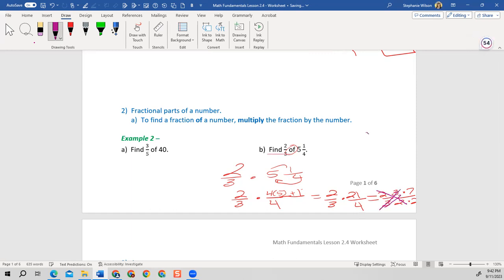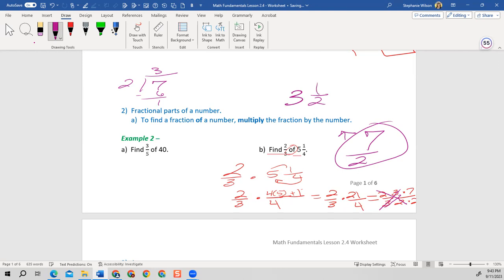So now I'm left with 7/2. Now, if you're asked to put it back in a mixed number, the 2 in the denominator doesn't change. We can bring the numerator inside the doghouse. 2 goes into 7 3 times. 3 times 2 is 6. 7 minus 6 is 1. So my whole number is 3 and my numerator is 1. So that's in mixed number form as well.